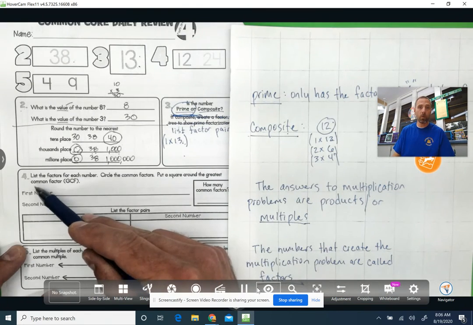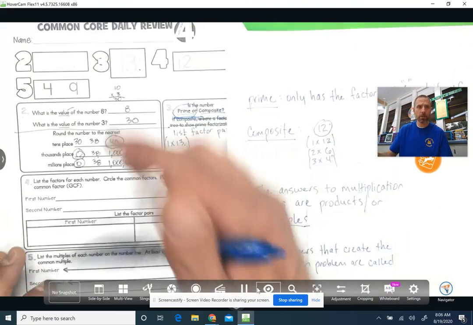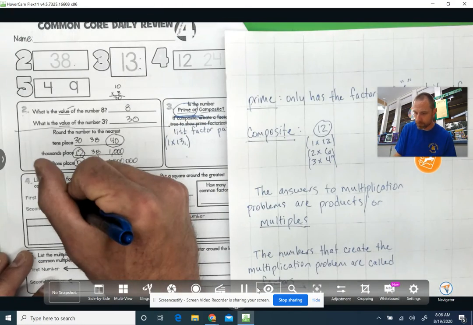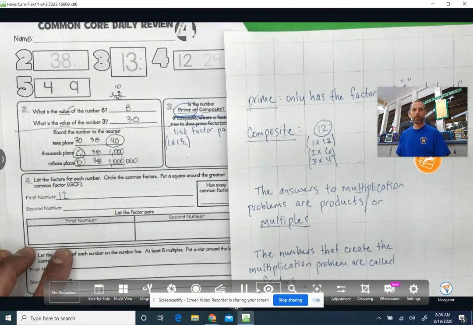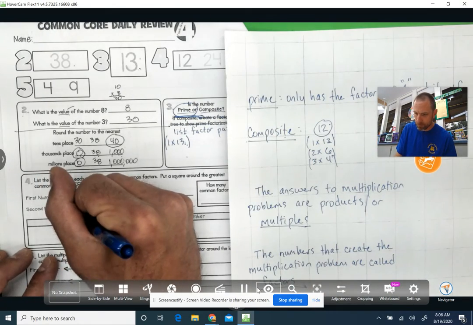Here in number 4, we're going to list the factors for each number, and then we get to circle the factors that are the same. Our first number is 12, and then our second number is 24.